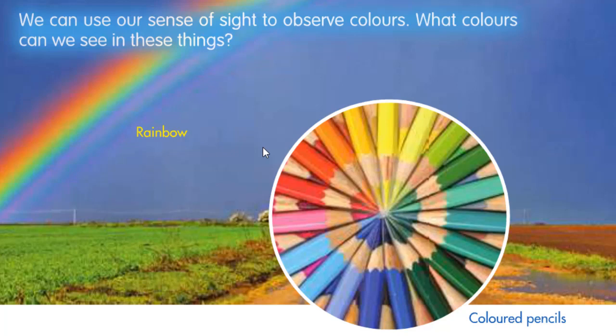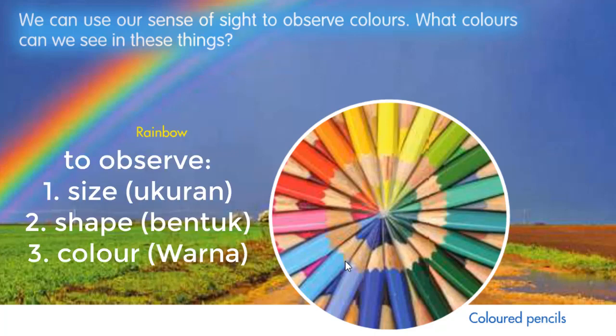Ada green, blue, red, orange, yellow, pink. Ya, ada dark green, ada dark blue, etc. Itu ya, dapat 3 tadi ya. We can use our sense of sight to observe size, shapes, and colors.